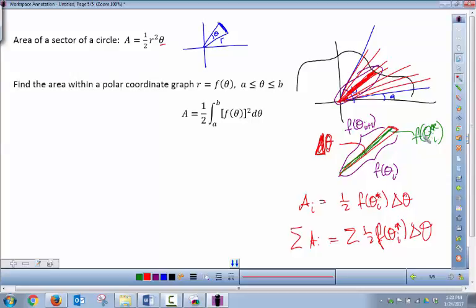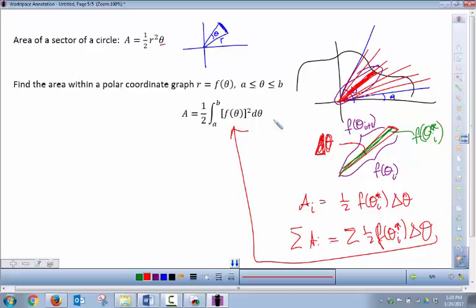Star just means it could be the left endpoint or the right endpoint or the midpoint or whatever, any point between theta sub i and theta sub i plus 1. Technically, we're looking at angles. Anyways, long story short, this becomes an integral, and that's your formula. For the long story, you go back to Calc 2 and take a look at the Riemann sum business.